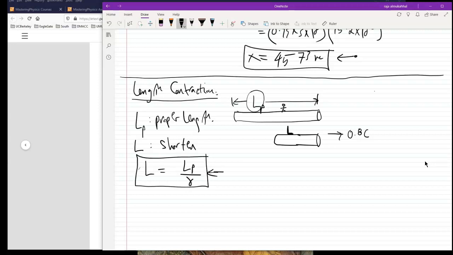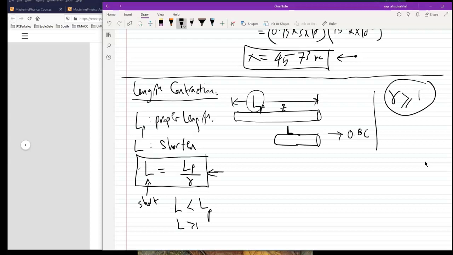Gamma is, by the way, maybe I didn't mention it, always greater than or equal to 1. Always. It's never below 1. So this will make it shorter. In other words, L is smaller than L_P, or L_P is greater than L. Okay? Let me give an example.